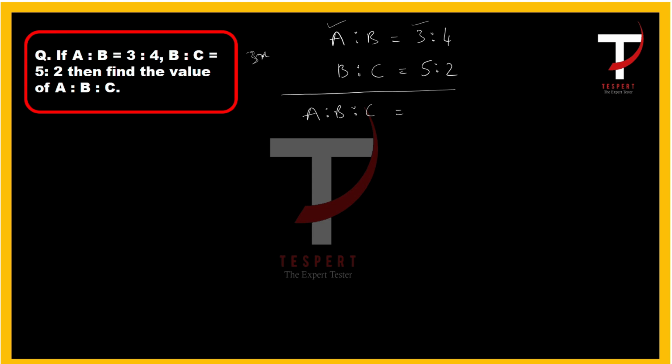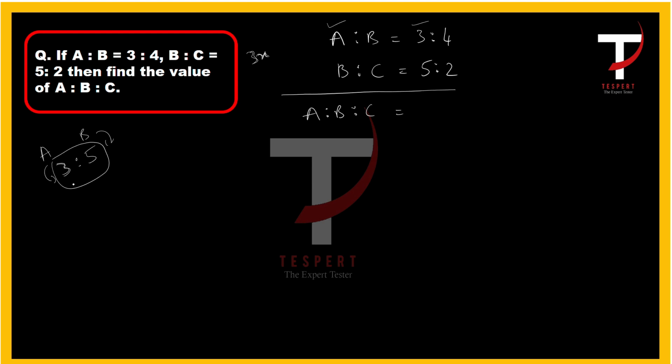3x. See, in ratios, let's say the ratio of chocolates that you and your friend have is 3 is to 5. So this is your friend's ratio and this is your ratio, right? So 3 is to 5. The ratio of chocolates that you have is 3 is to 5.